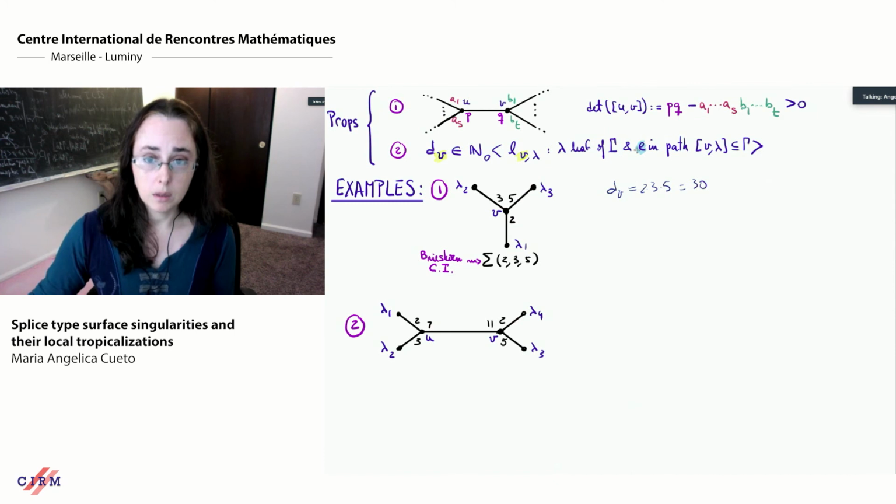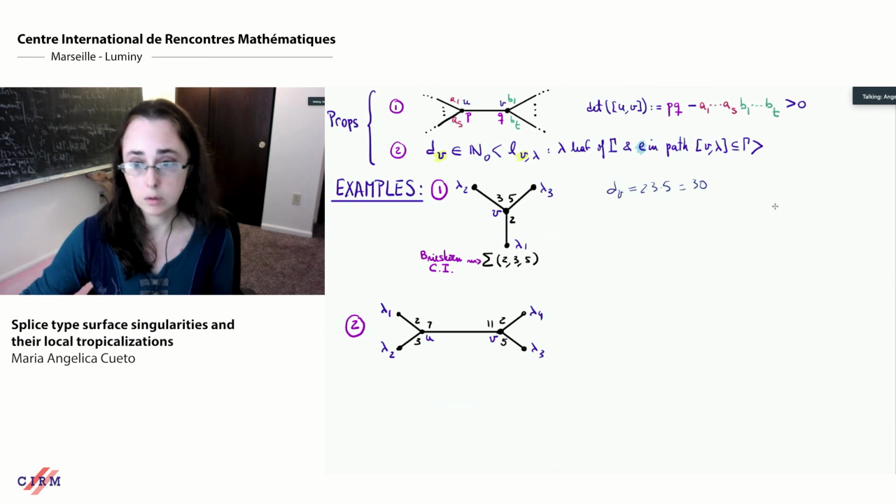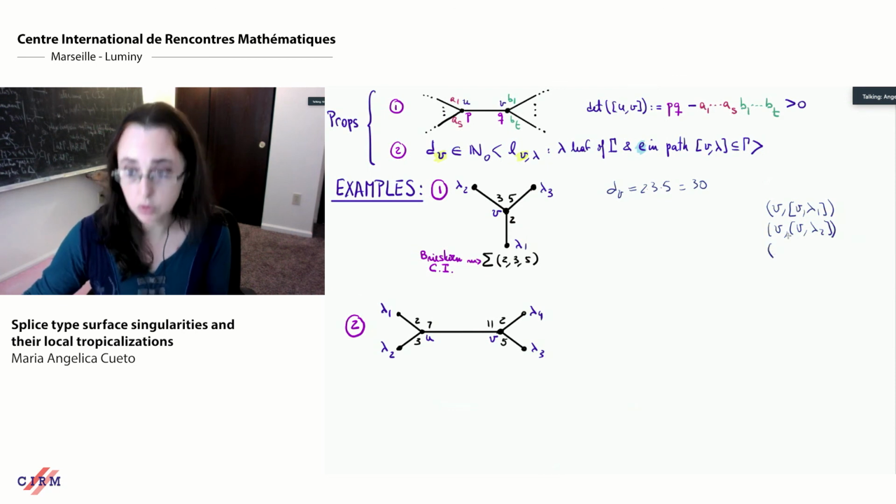And then the semigroup condition requires me to consider the node together with the edges. So I'm going to have, in this case, 3 semigroup conditions associated to the pair V and the edge joining V to the first leaf. The second condition is going to be V and the edge joining V with the second leaf. And thirdly, I have the same node, and now the edge is the one joining V and lambda 3.